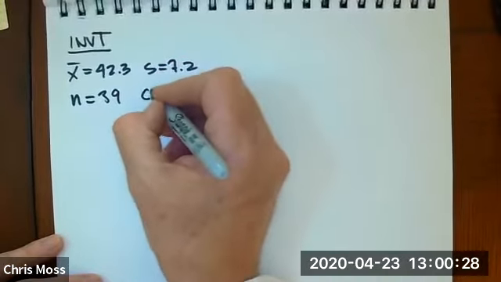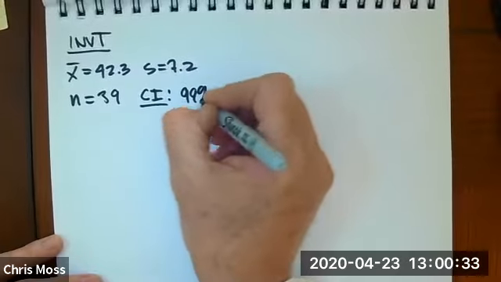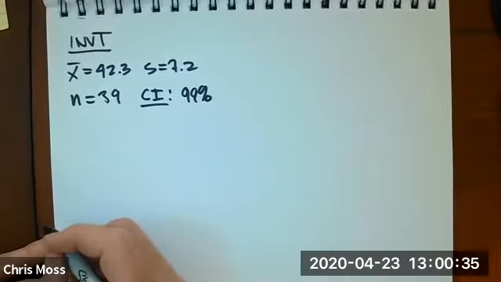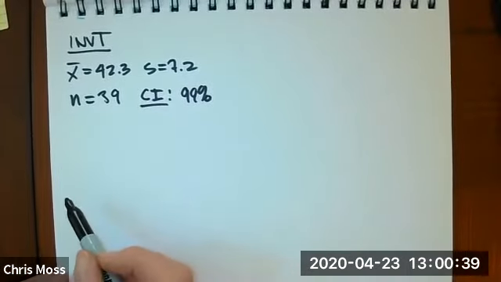We're going to construct the 99% confidence interval. Here again, I've got all my important sample data right there, all set for my formula for my confidence interval. The only thing I do not have is the critical value.